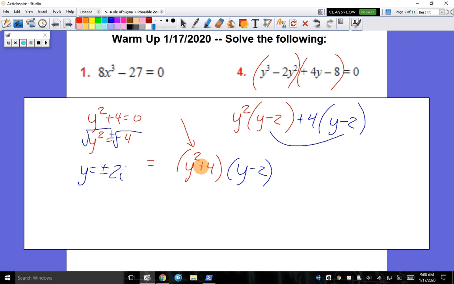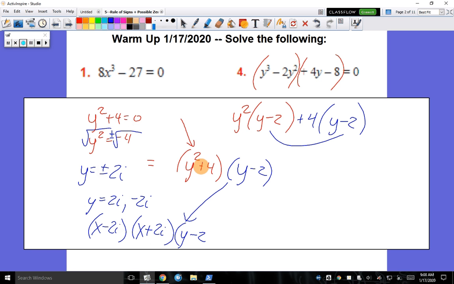Watch what I do real quick. If I want to account for the positive 2i, it would be like writing the factor y minus 2i. If I wanted to account for this negative 2i, it would be like writing the factor y plus 2i. So if I brought this down, I could say that this is the fully factored form.